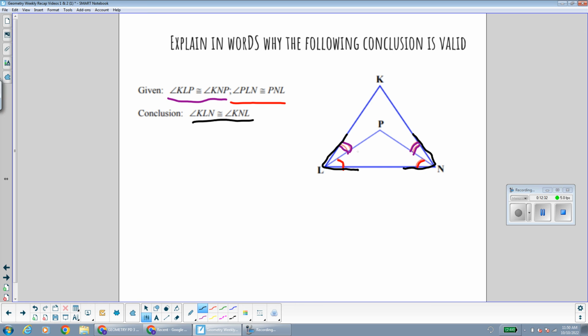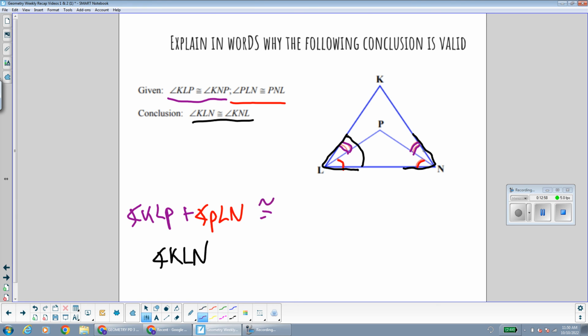If we take the angle in purple over here, that's angle KLP, and we combine it together with the red angle, that's angle PLN, putting them both together makes the whole angle KLN that we are interested in.